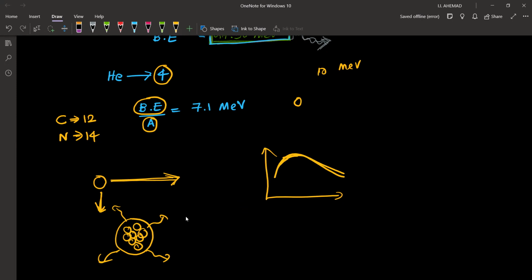So here we draw a graph between atomic number or atomic mass with binding energy per nucleon.